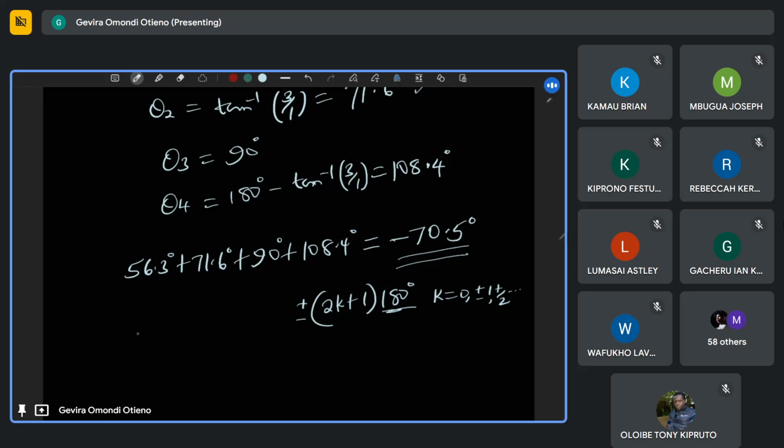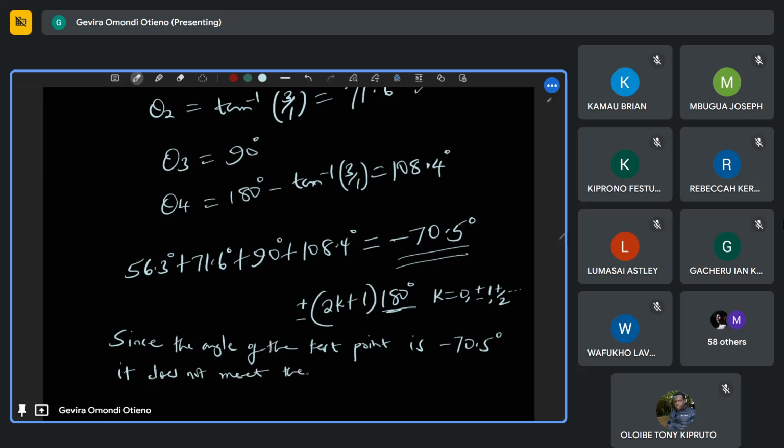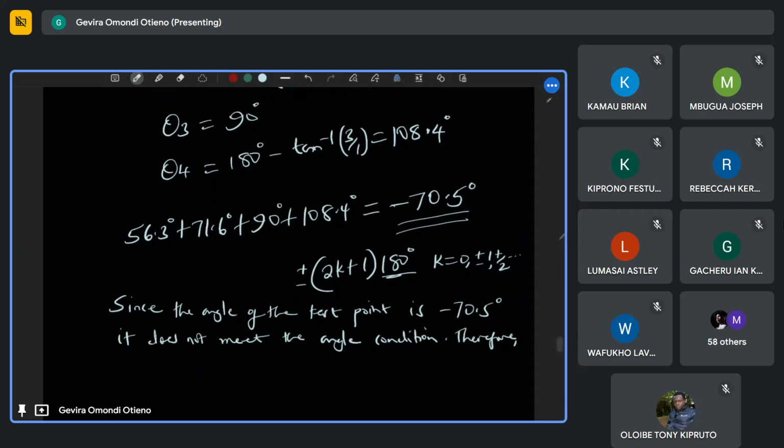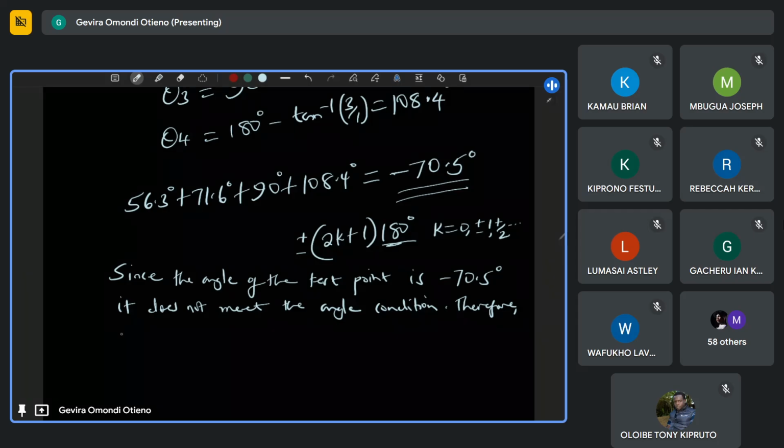That therefore means that you disqualify the point and say, since that's how I expect you to solve this question: since the angle of the test point is minus 70.5 degrees, it does not meet the angle condition.